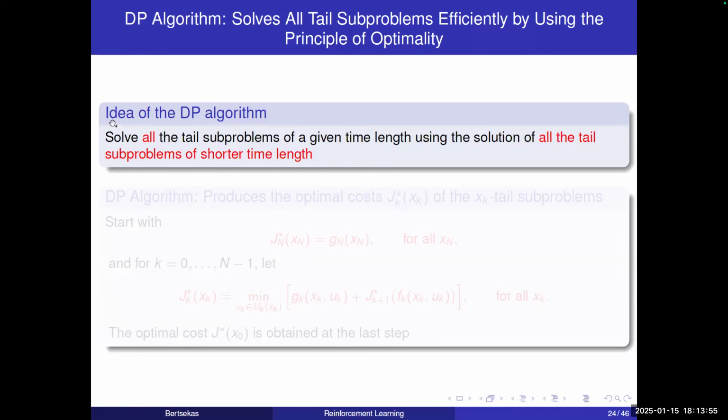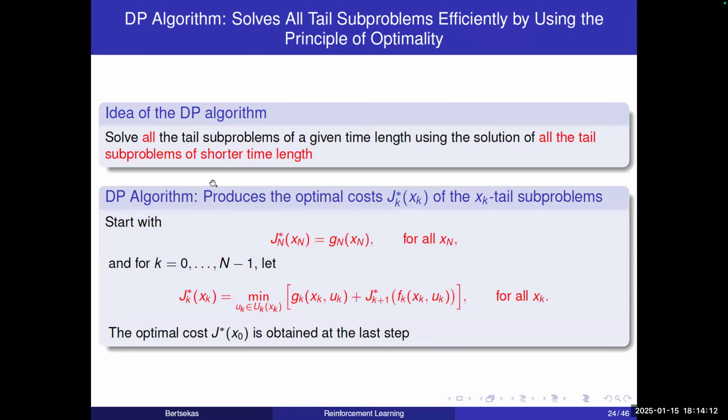That is to say, the idea of the dynamic programming algorithm is to solve all the tail subproblems of a given time length using the solution of all the tail subproblems of shorter time lengths. More specifically, it produces the optimal cost to go, Jk star of xk, of the xk tail subproblems by starting with k equal to n, in which case the optimal cost Jn star of xn is already given.